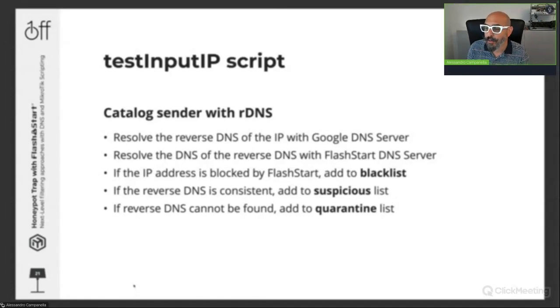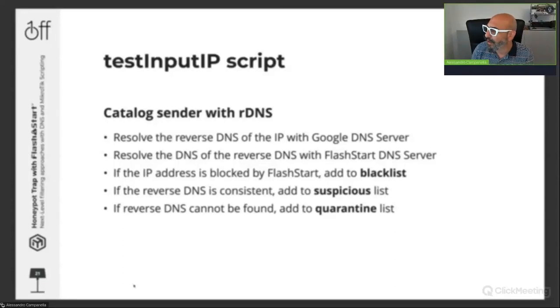Then, if the reverse DNS is consistent, it means the same result, the IP address is resolved by Google DNS, and what the Google DNS resolved is back resolved to an IP address with FlashStart, and the IP address is the same as the one I sent to Google. Everything is okay, but it's still suspicious because I am receiving traffic from that IP.